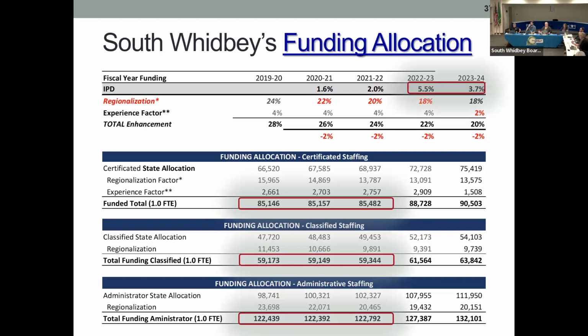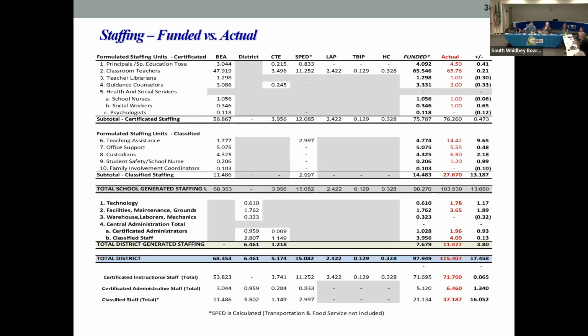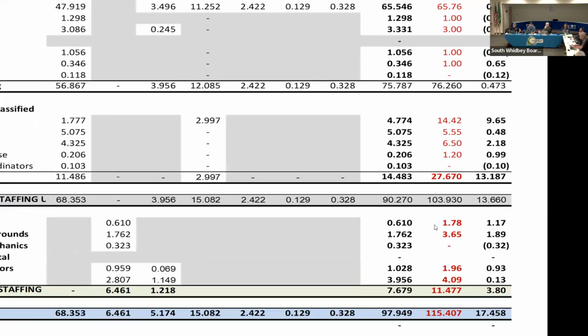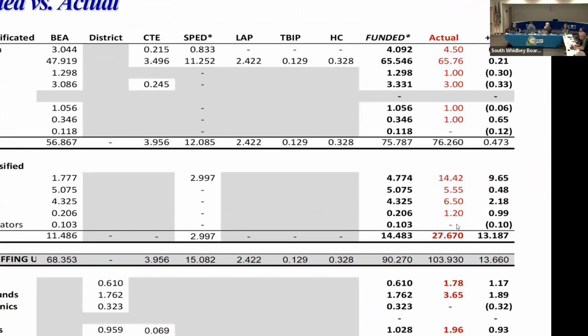If we looked at the model, it's kind of hard to see because there's so much on there. But if you look at the funded amount, you'll see that for principals, we're funded for about 4, we have 4.5, and that includes a TOSA director type position in there.